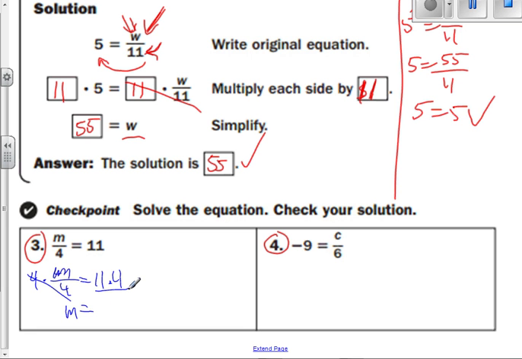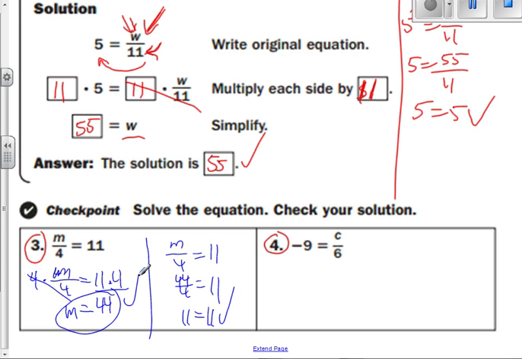And then on the right-hand side, 11 times 4 is 44. Okay, so let's do our check real quick. I have m over 4 is equal to 11. I have 44 over 4 is equal to 11, and 11 is equal to 11. That check works, therefore I know that my solution for m is correct.